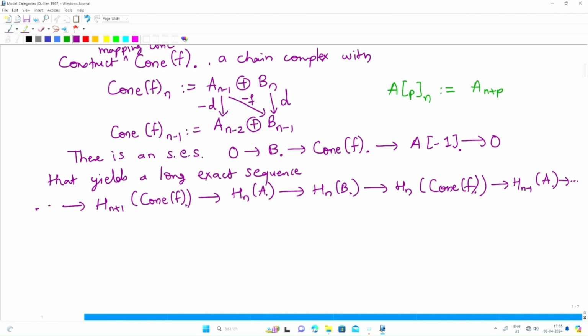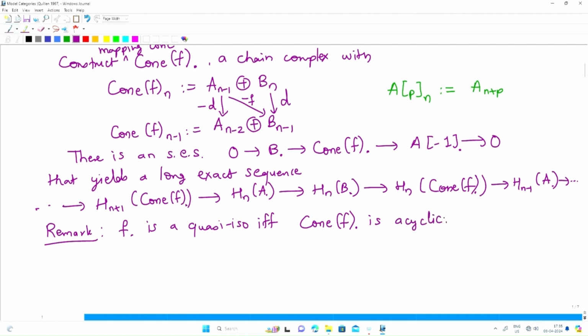And the point that I was trying to make is, this is the remark that f dot is a quasi-isomorphism if and only if cone of f dot is acyclic. So quasi-isomorphism testing can be done via acyclicity testing of some object.